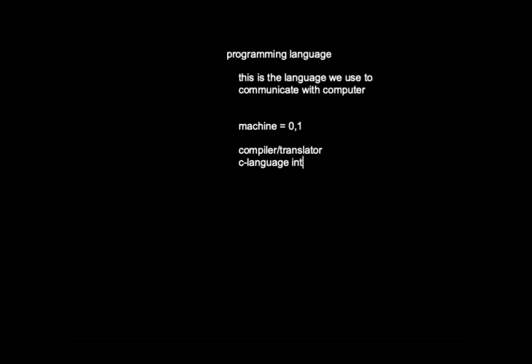You don't need to worry about that, but I'm talking about why we use C language, because it's closer to human. We know that int, we know that char is character, it's not numbers.